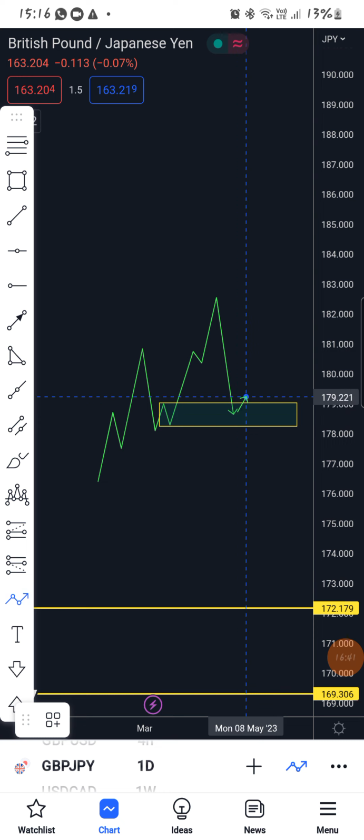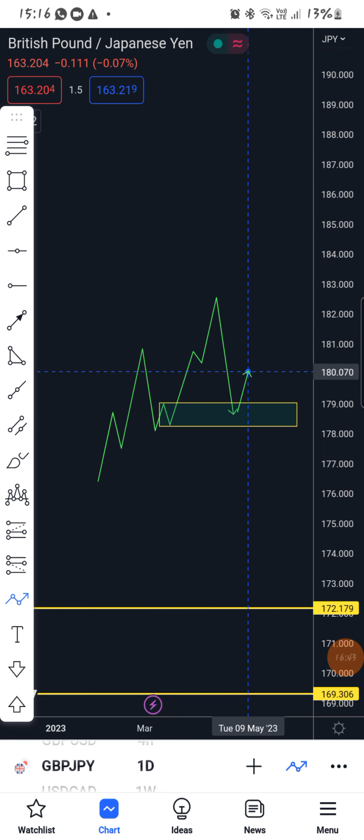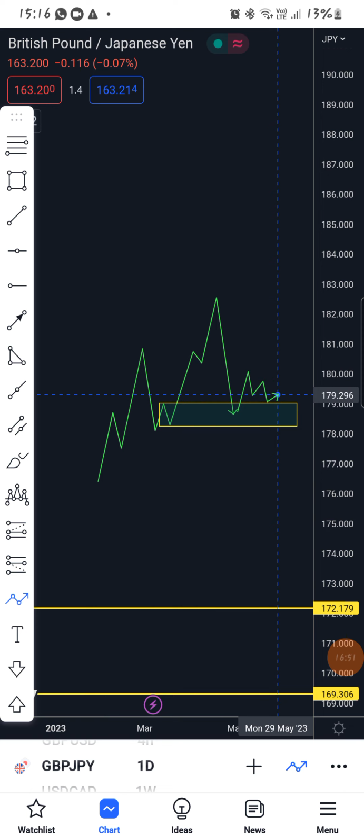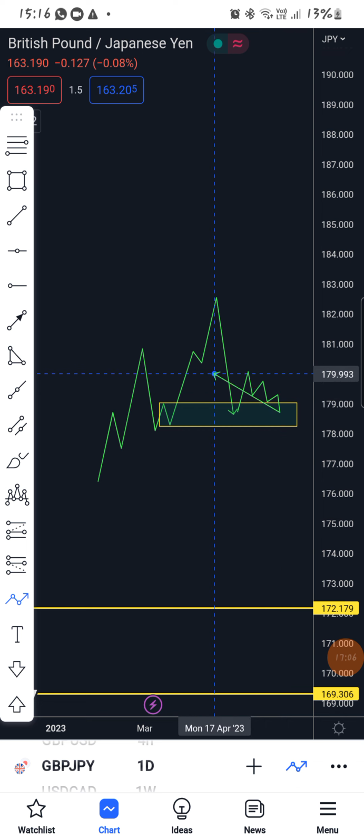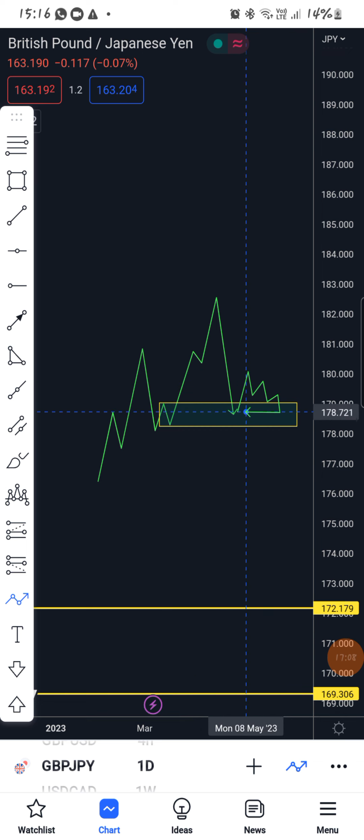It happens, guys, it happens. So the market just moves like this, and then boom, you see the market moving back to that area slowly like that, or you don't know what's going on. So the market is still trying to retest the area again.